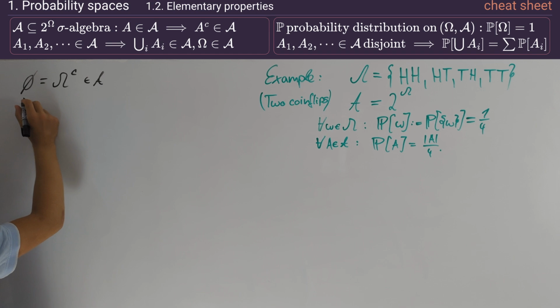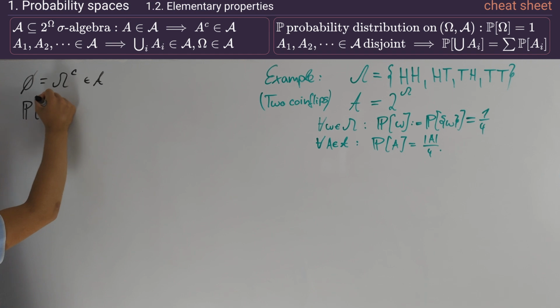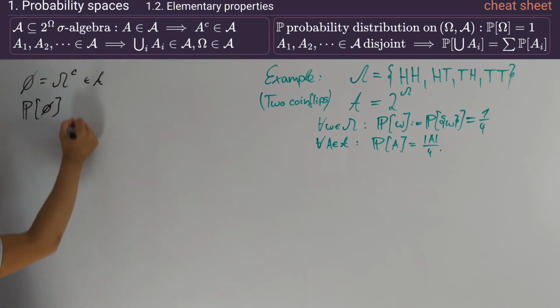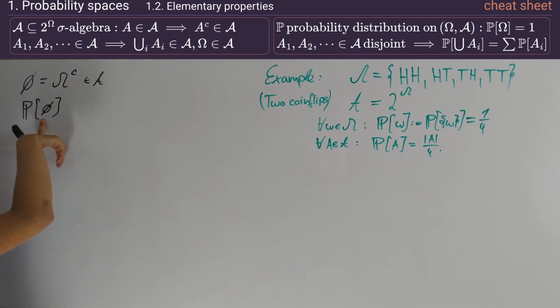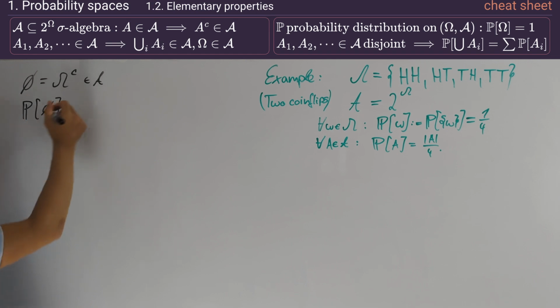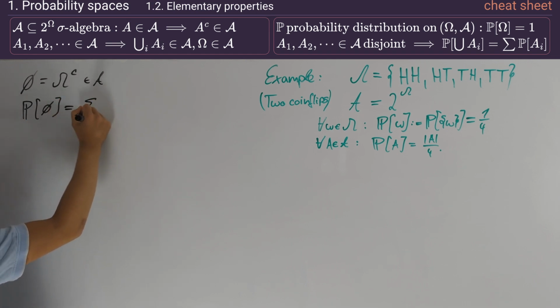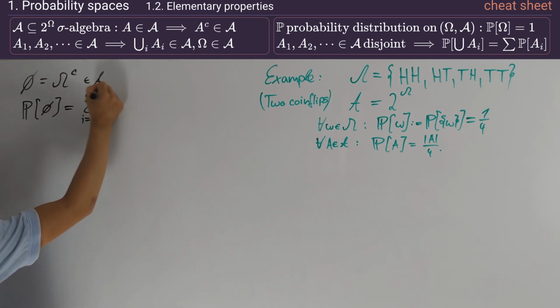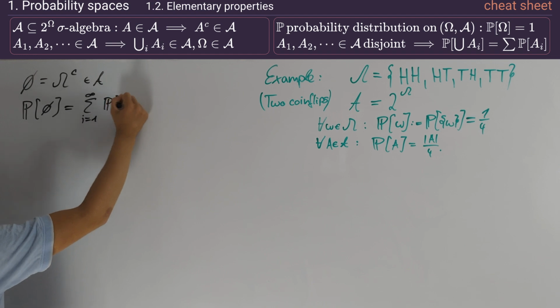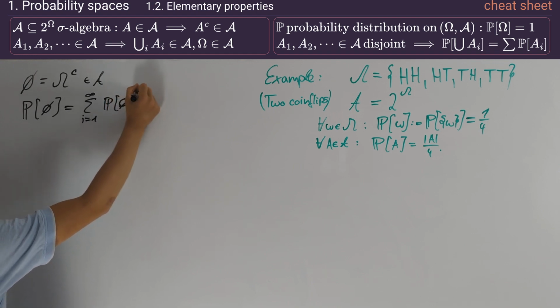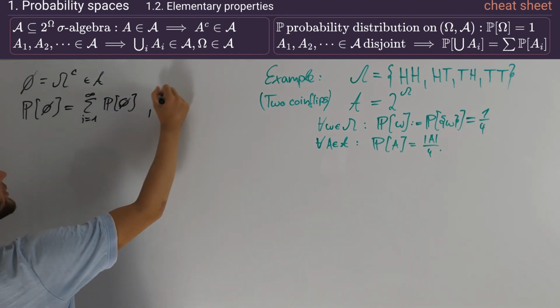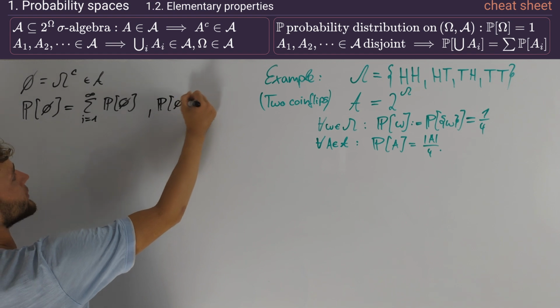The probability of the empty set should be 0, which is indeed the case, because by sigma additivity we get that P of the empty set, which is just the union of countably infinitely many empty sets, equals the sum of i equals 1 to infinity of P of the empty set, which we can rearrange to P of empty set equals 0.